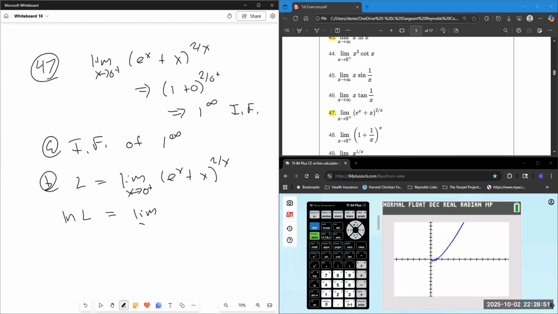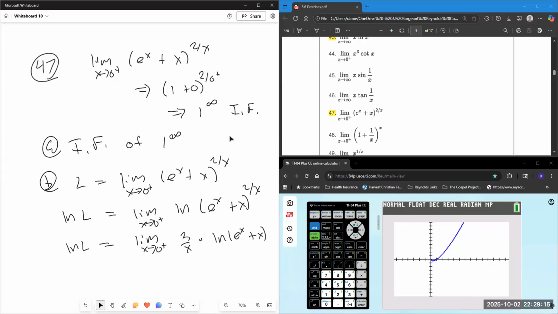Limit as x goes to 0 from the right, ln of e to the x plus x to the 2 over x. Ln of L is going to be limit as x goes to 0 from the right, 2 over x times ln of e to the x plus x with my log properties.